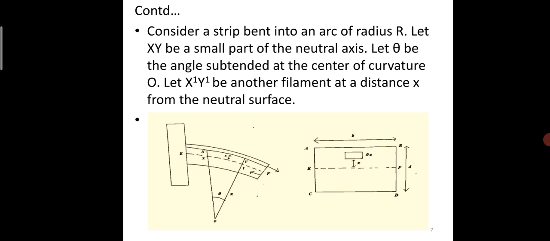Then the original length of the beam is xy, and the new length is x dash y dash, and xy is equal to r theta and x dash y dash is equal to (r plus x) theta.